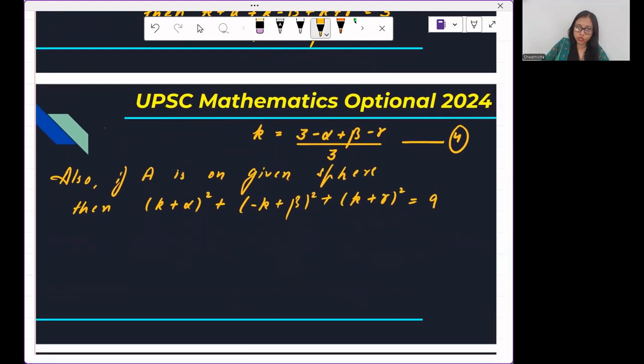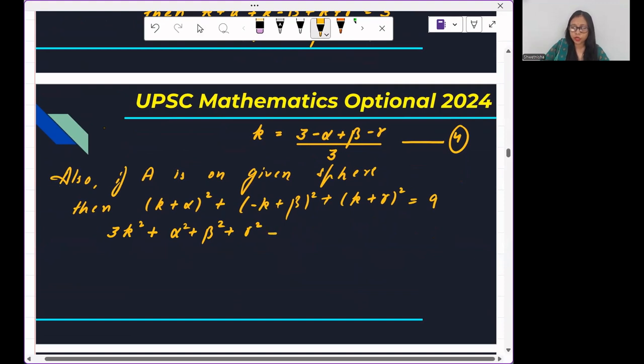So first open this: it will be 3k square plus alpha square plus beta square plus gamma square. Then we'll get plus 2 times alpha minus beta plus gamma times k is equals to 9.